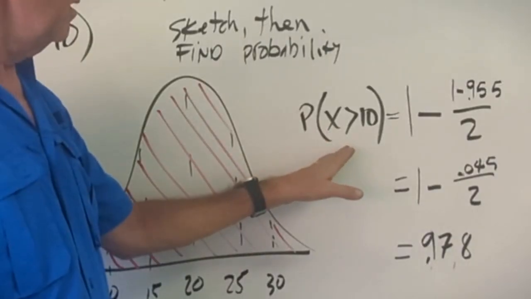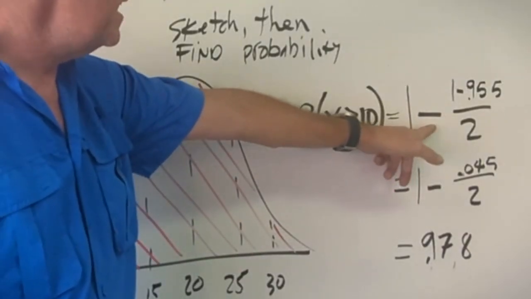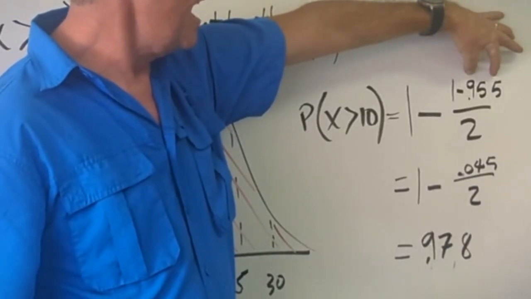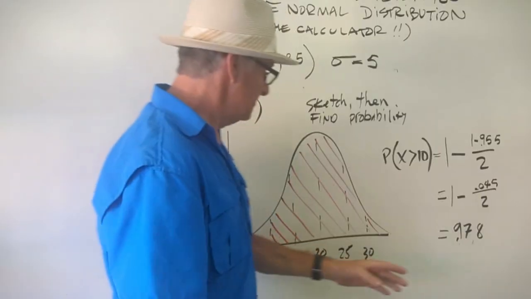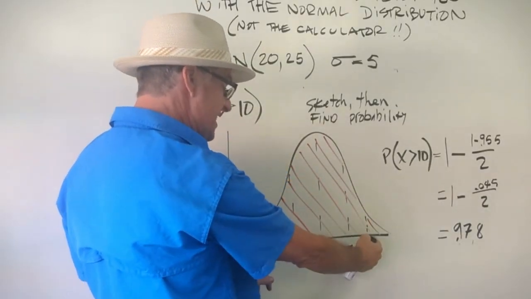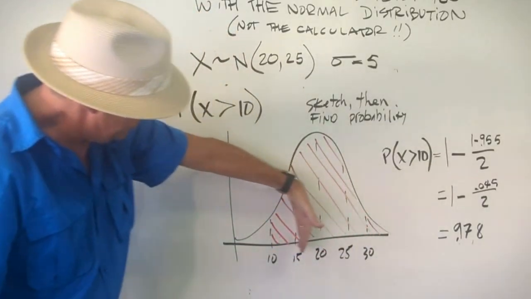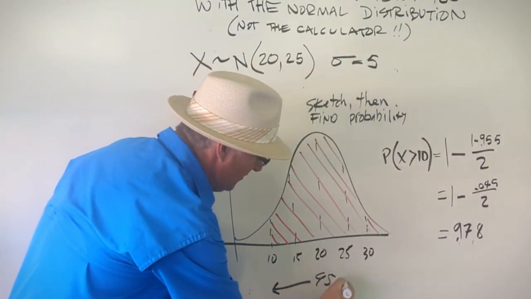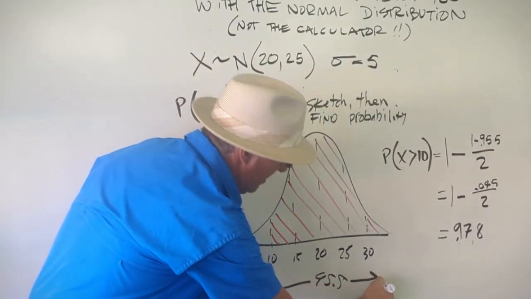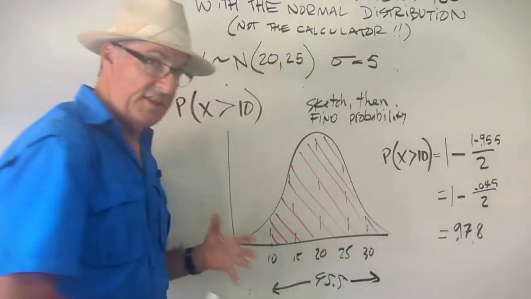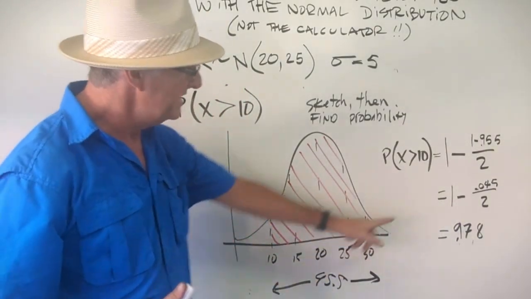So here's my calculation. 1 minus, now this expression up here is 1 minus 95.5. So that's the whole thing minus the part that's within 2. See, this is 2 standard deviations. So this bit here is 95.5, right to there. Okay? So the parts on the outside that we're interested in are 1 minus that.